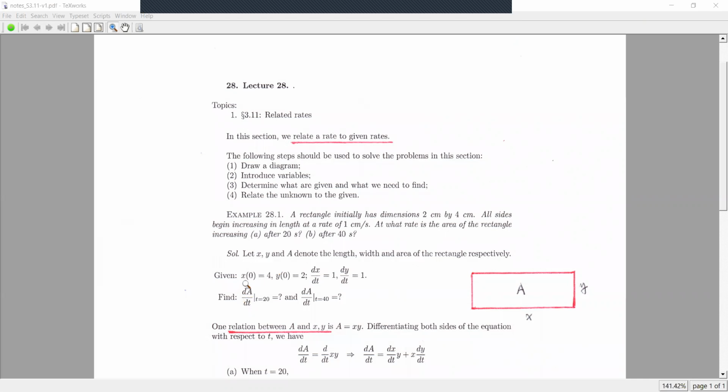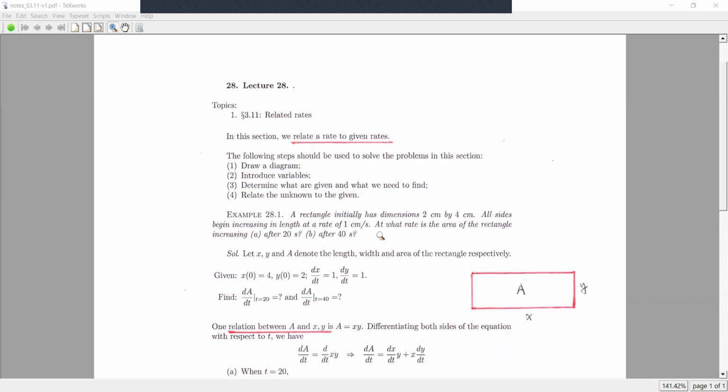After we get the derivative, plug in 20 in the derivative. Then we have derivative at 20. Derivative at 20 is the increasing rate of the area after 20 seconds.